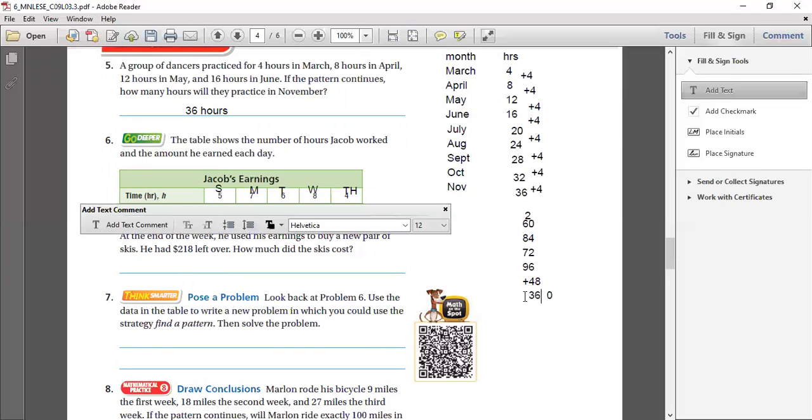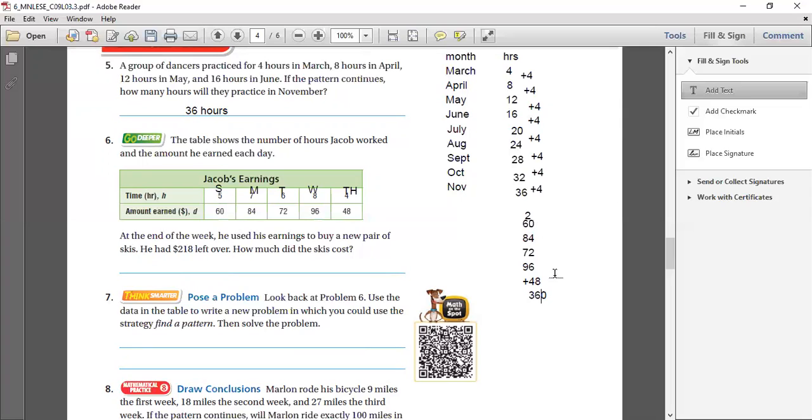So how much did he earn in the whole week? He earned $360 together. So when we added all the amounts which he earned in the whole week, $360.